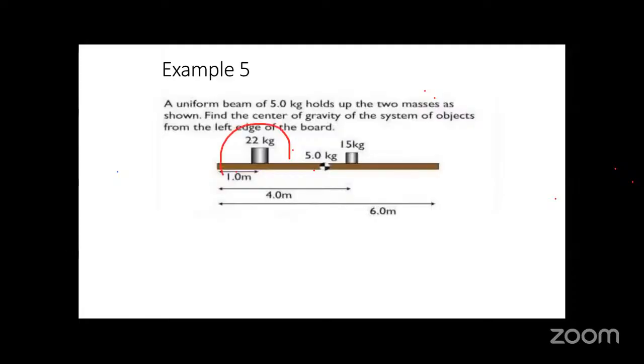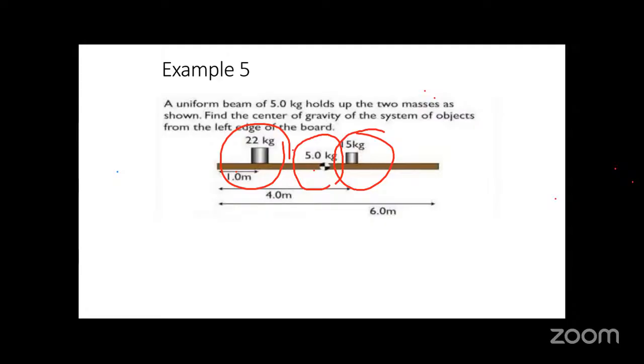This is number one. The beam itself has a mass. This is number two. And then this is number three. So we are going to have three variables in the equation, which is M1X1 plus M2X2 plus M3X3 all over M1 plus M2 plus M3.